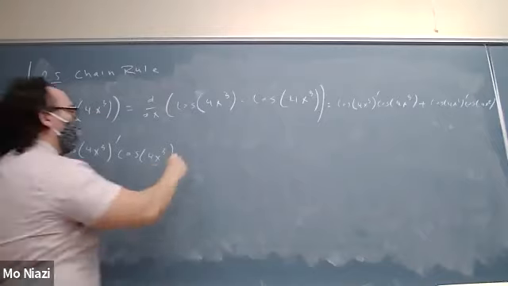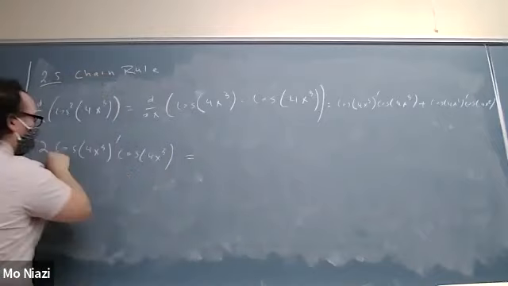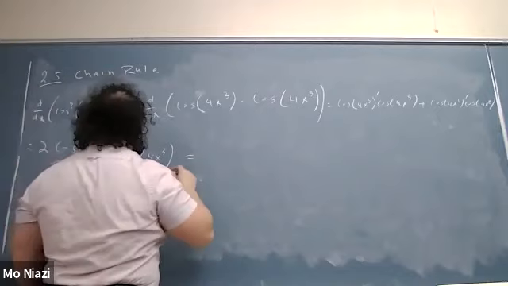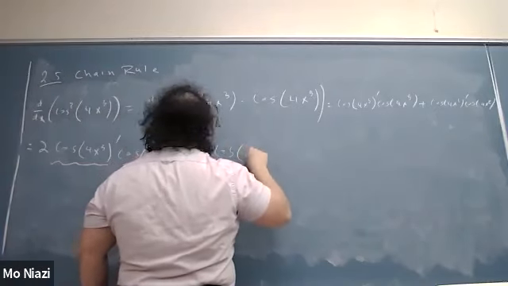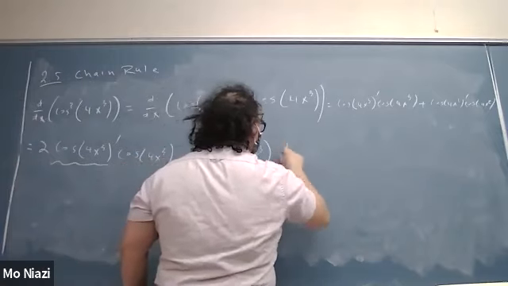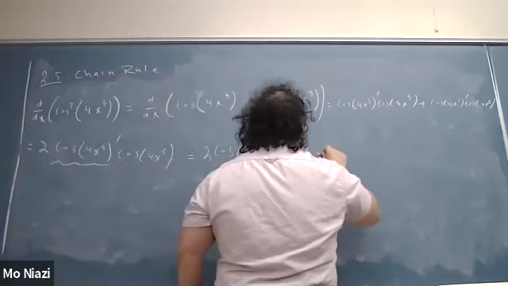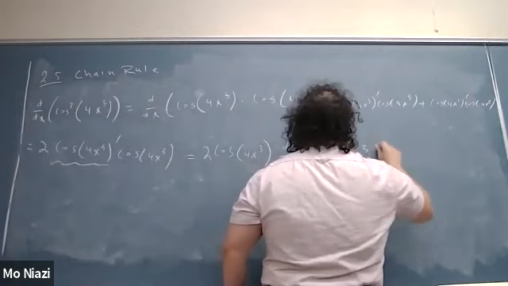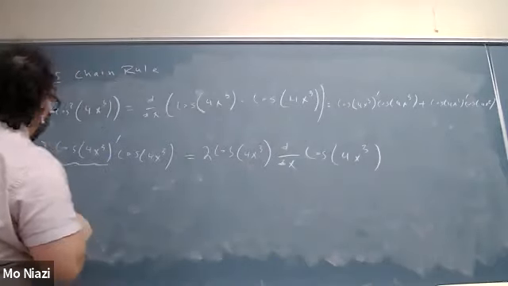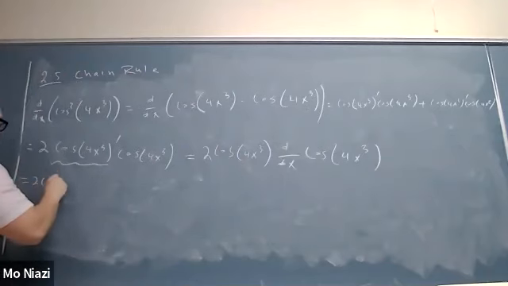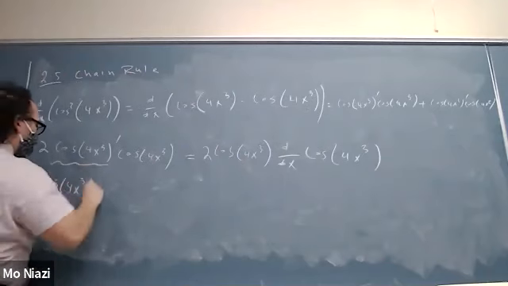Now, let's focus on what this cosine of 4x cubed prime means. So let's combine that: 2 cosine of 4x cubed times the ddx of cosine of 4x cubed. That's what the cosine of 4x cubed prime really is. So then that equals 2 cosine of 4x cubed.